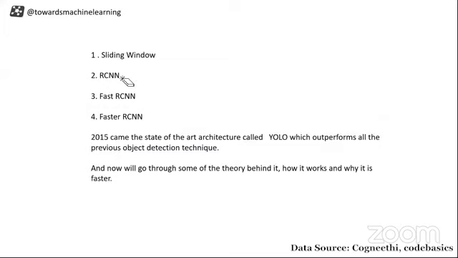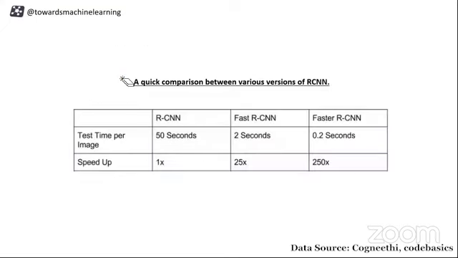Then we had the advancements in fast and faster RCNN, which reduced the computation, and that's how we got to 2 seconds and 0.2 seconds respectively. So the whole study lies in reducing the computational time.